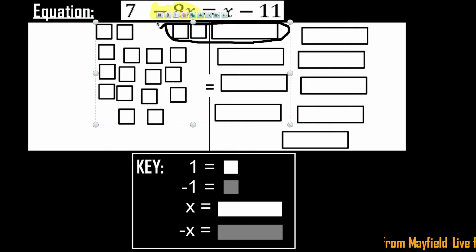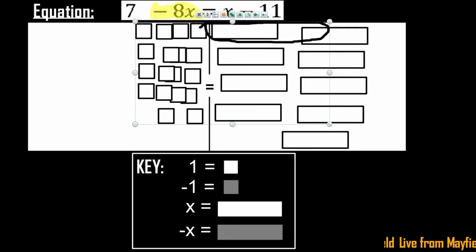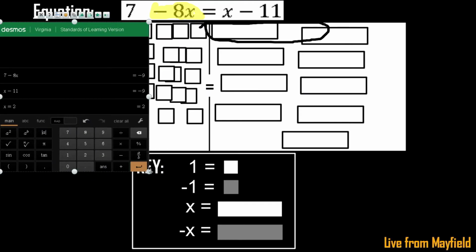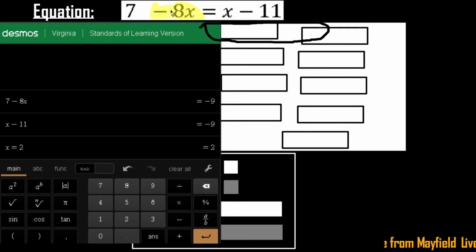All right, so let me move this aside a little bit. We can check our answer. Again, you want to make sure you can type in your original expression. So we said the 7 minus 8x, we do that first, and I'm going to have that on my left side here.